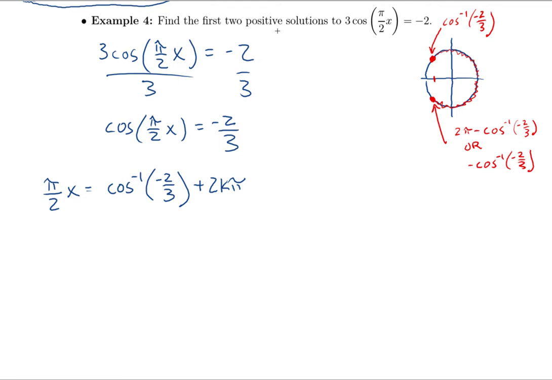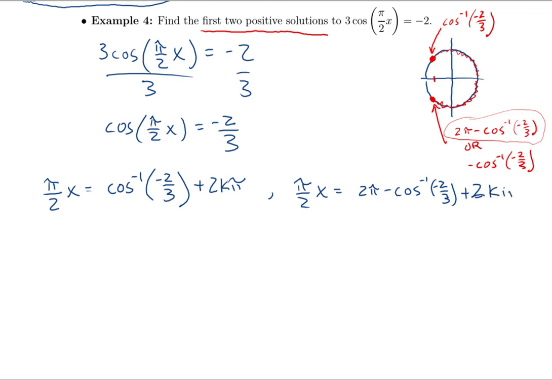But what I would say is that they're asking for the first two positive solutions. So in light of that, I'm going to understand that this is going to be negative and this is going to be positive. So I think I'm going to use this one. But you could still end up with the right answer regardless of which one you chose. So this will be pi over 2x is equal to 2 pi minus the cosine inverse of negative 2/3 plus 2k pi.